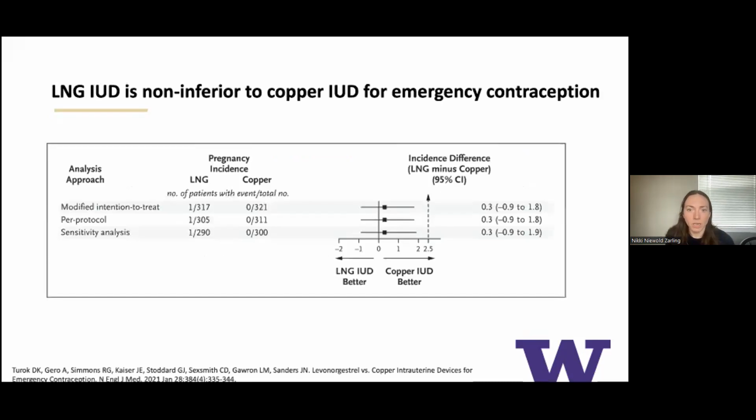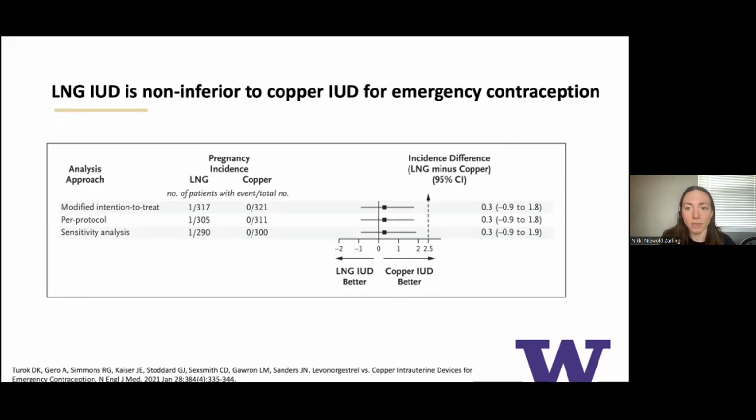The outcome was a positive pregnancy test 1 month after placement, and there was one pregnancy in the levonorgestrel group and no pregnancies in the copper IUD group, with similar rates of adverse events.